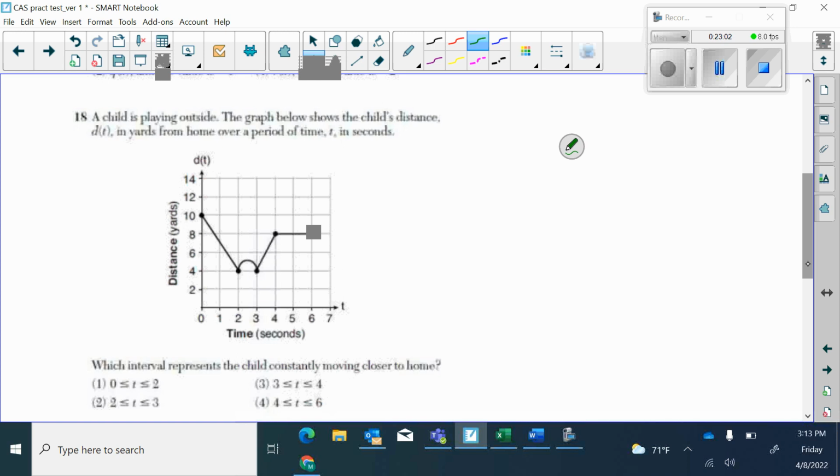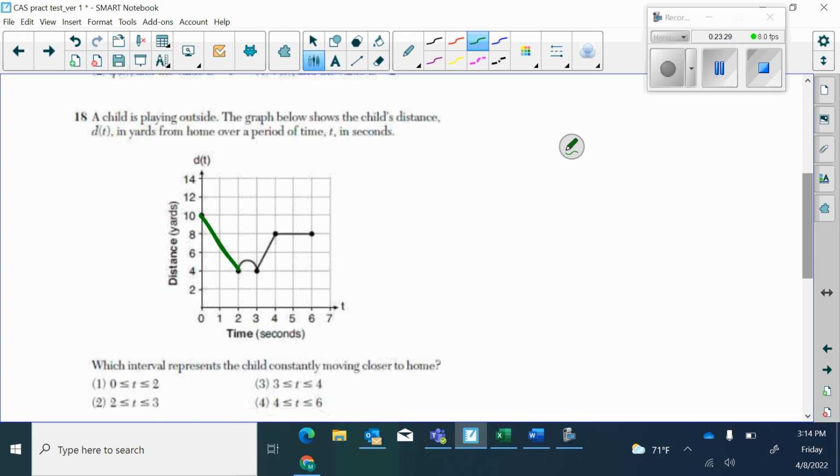Child's playing outside. Graph below shows child's distance, d of t, in yards from home. Okay, so as he's walking, he's coming closer to home. This way he's going further away from home. Okay, this he's going away and then coming back. In this way he's staying the exact same distance away. Okay, so you got to know how to read that. Which interval represents him constantly moving closer to home?